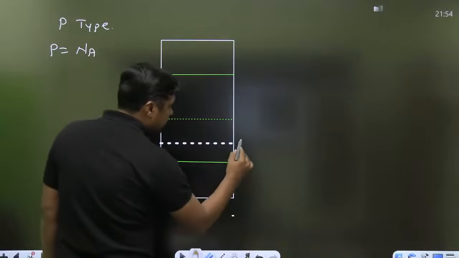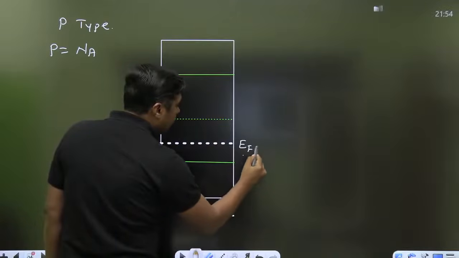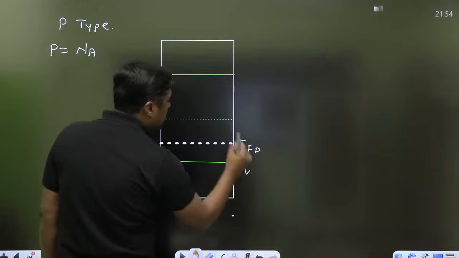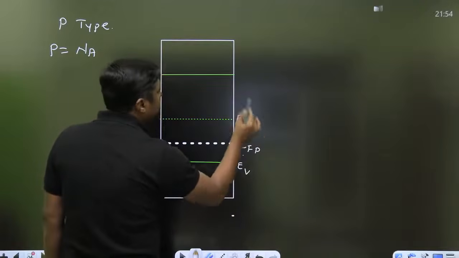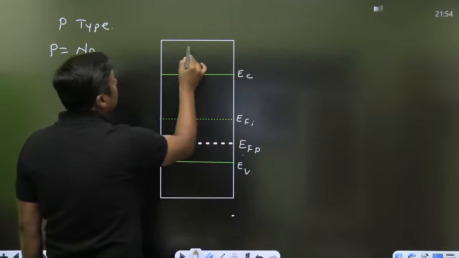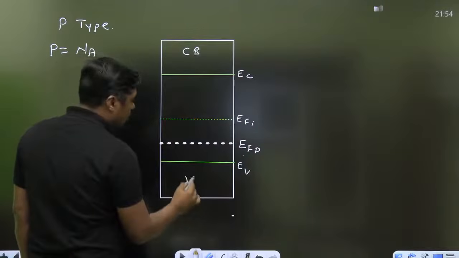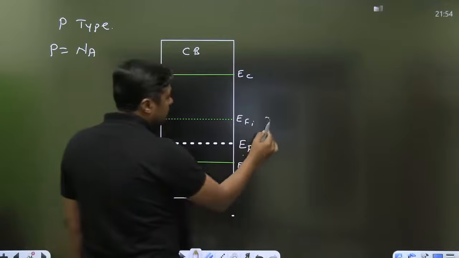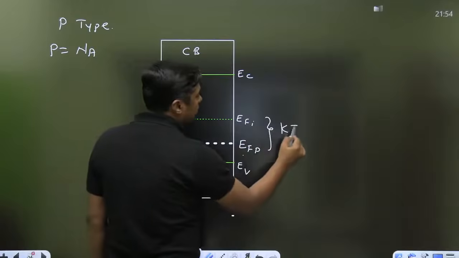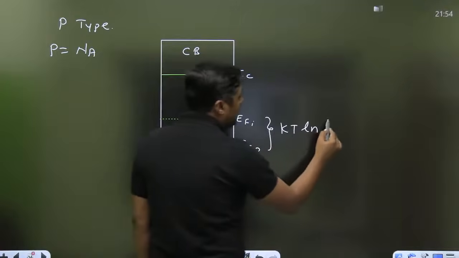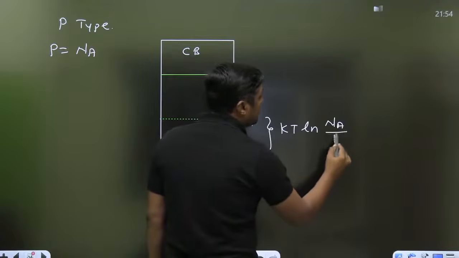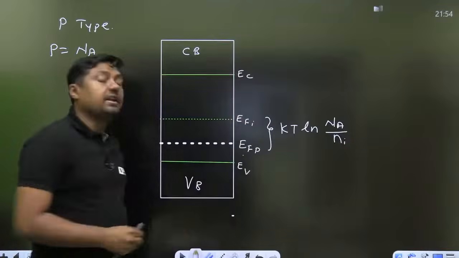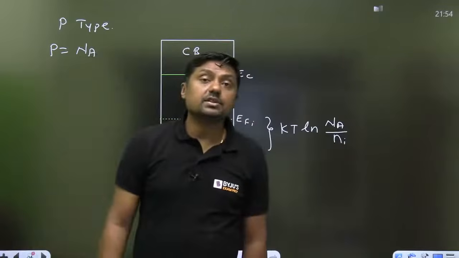This is Efp for p type, Ev, Efi, and that is Ec, conduction band, valence band, and this gap is given by kT log of Na by Ni. Ni is the intrinsic carrier concentration.